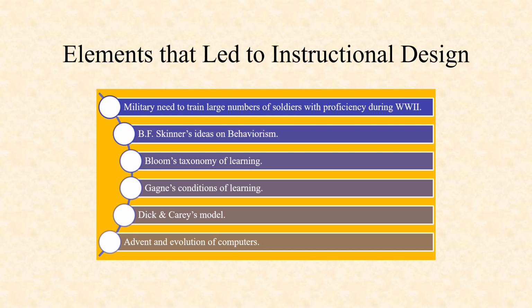Robert Gagne's conditions of learning and Dick and Carey's famous model of instructional design that really outlines how people learn and how we can design instruction to be most effective and most efficient.